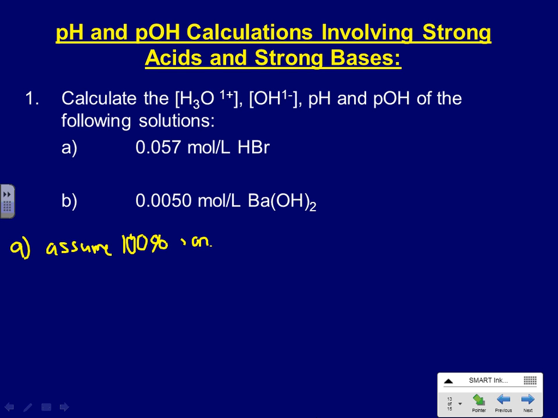Which means if I have 0.057 moles per liter of HBr, I've got to be very careful because it's only one H that falls off. I'm going to do an example of this. There's one H for each HCl.